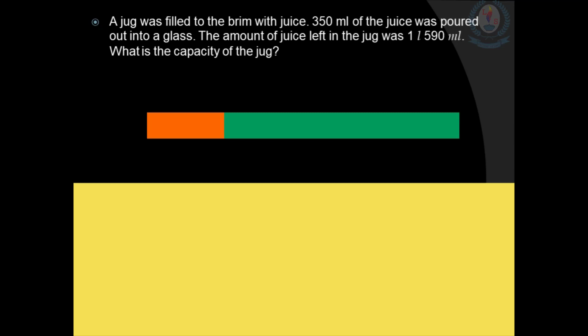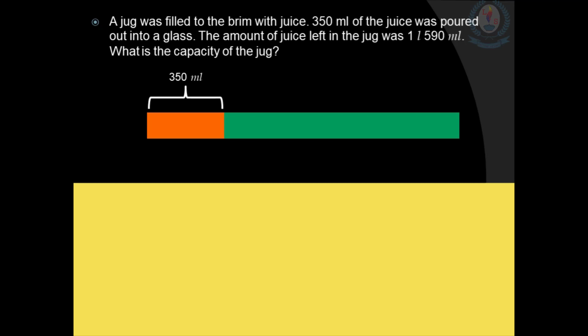To find the capacity of the jug, let's use a bar model. Here, the orange color represents the amount of juice which was poured out into a glass. It is 350 milliliters.